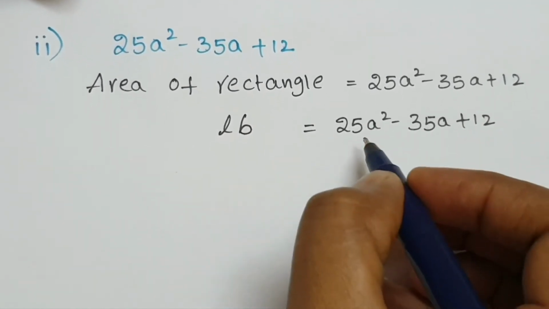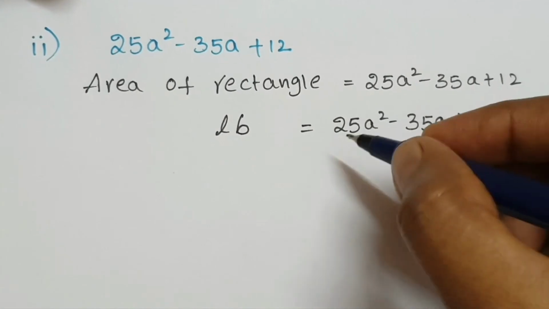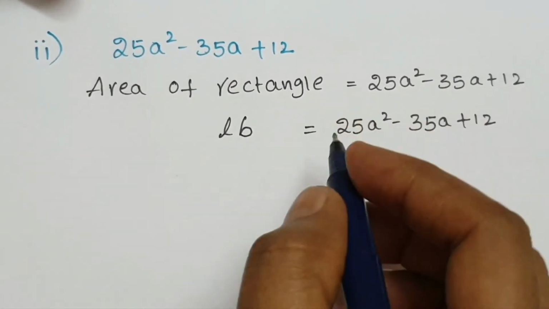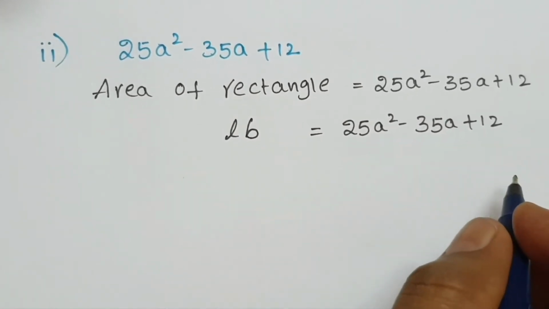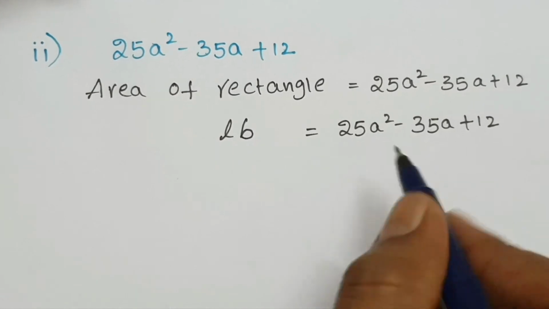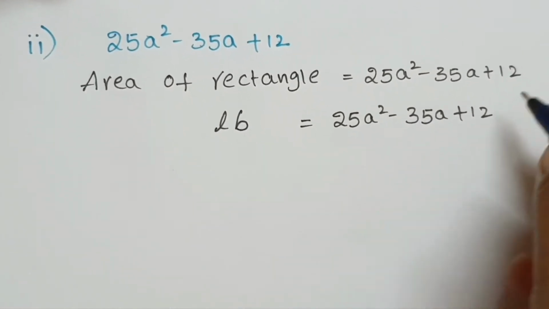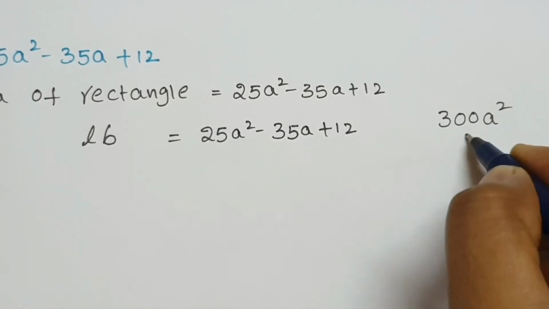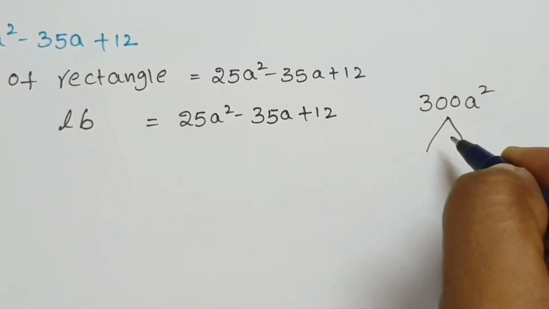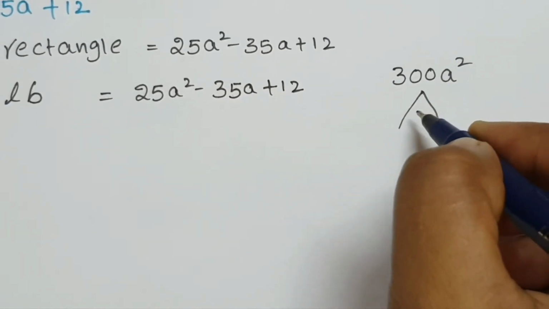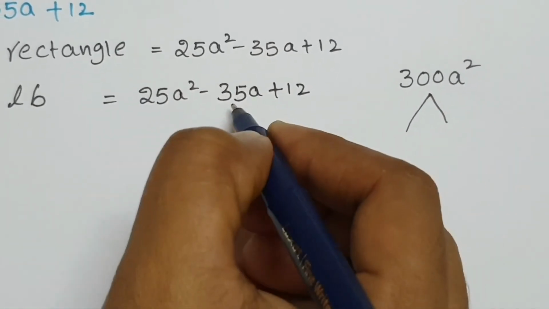In that, find factors. Here 12 and 25. Take the product, and choose any two numbers whose product we get, 25 into 12 is 300a square. The addition or subtraction should give the middle one.